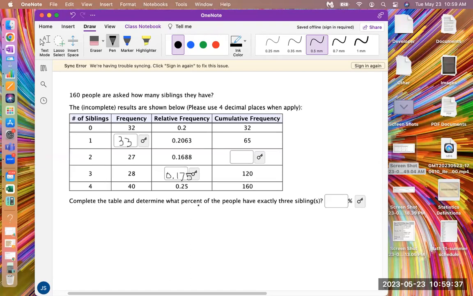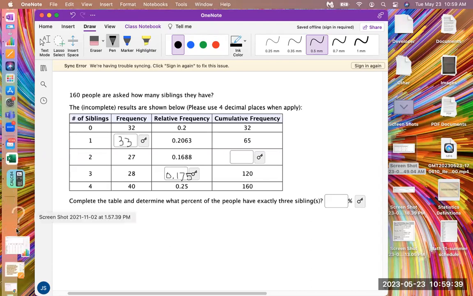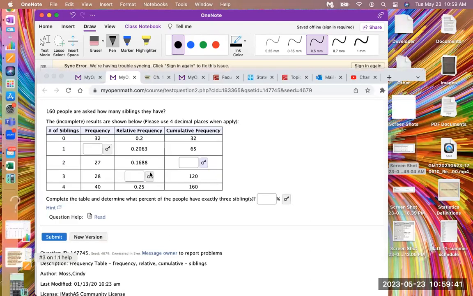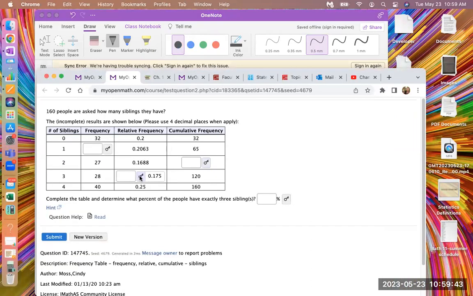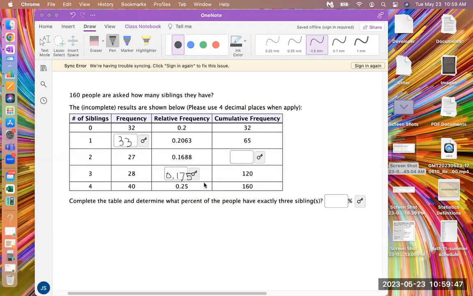Let me just double check it. Yeah, 0.175. So this is the decimal representation of how many people had exactly 3.